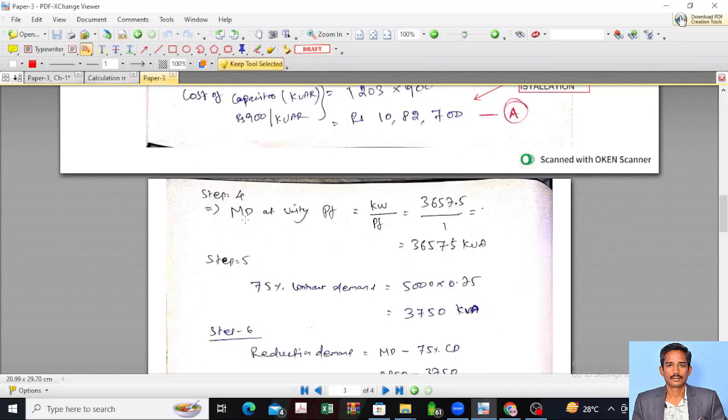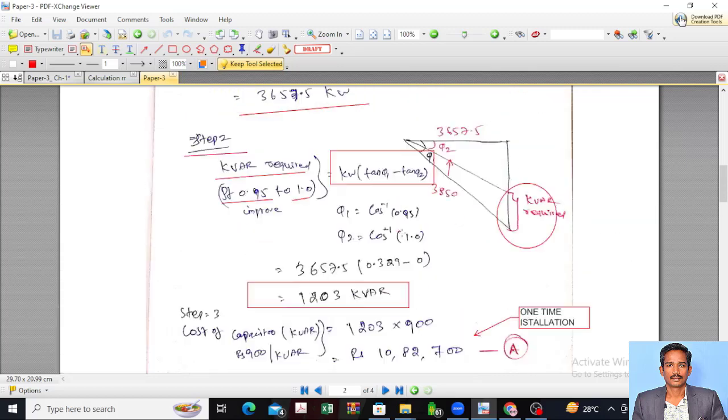Next step 4: we need to find the maximum demand at unity power factor. Here we know 3850 is the old maximum demand. Now our system has moved from 0.95 to unity power factor, so you need to calculate accordingly.